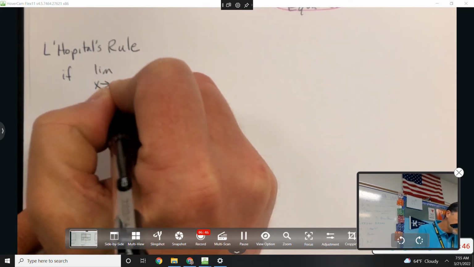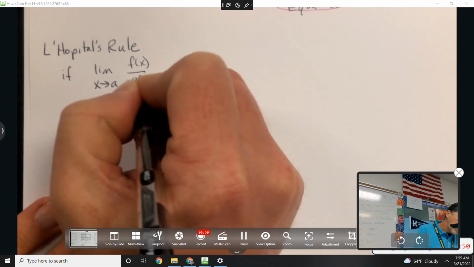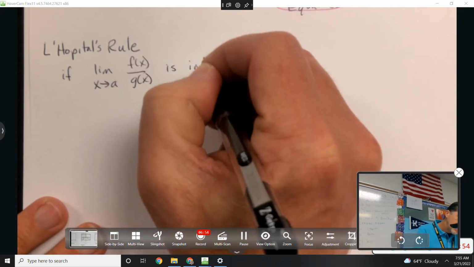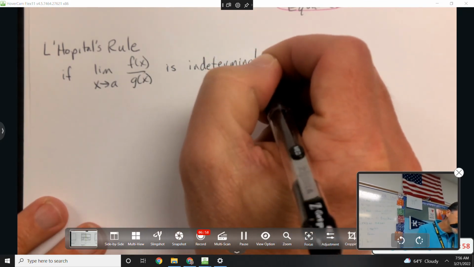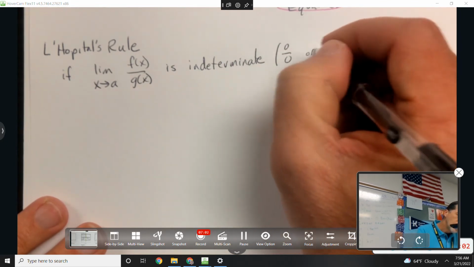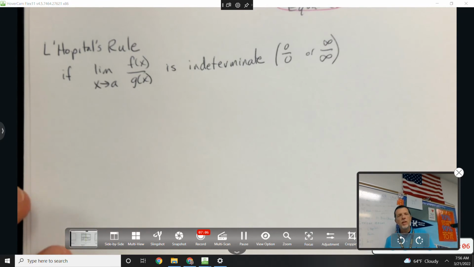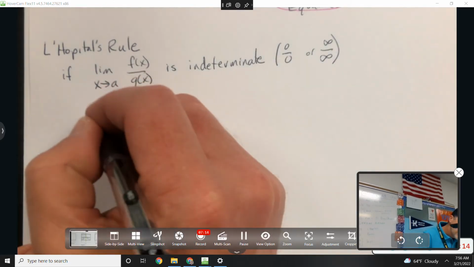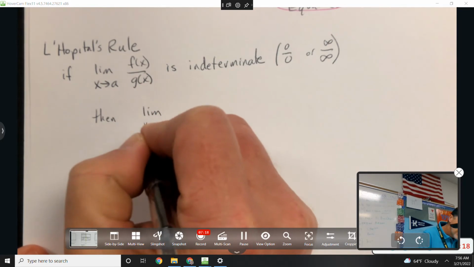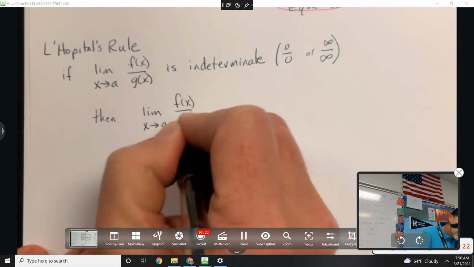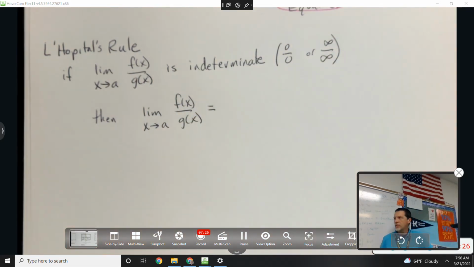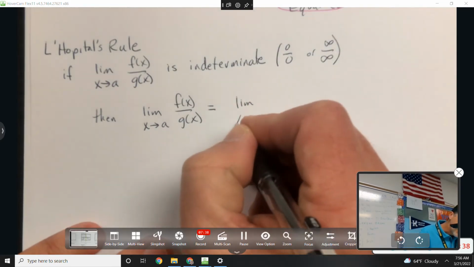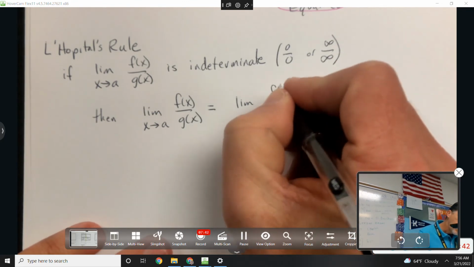If the limit as x approaches a of f of x over g of x is indeterminate, meaning 0 over 0 or infinity over infinity, where I don't know how to reduce those, then that limit as x approaches a of f of x over g of x, again, it's indeterminate right now, but L'Hopital figured out that it was equal to the limit as x approaches a of f prime over g prime.